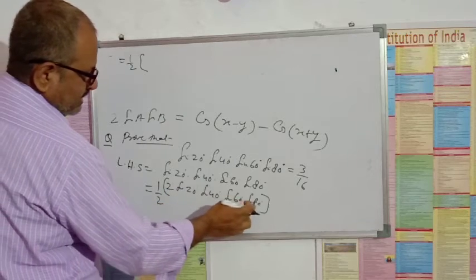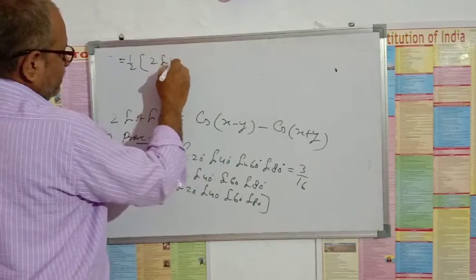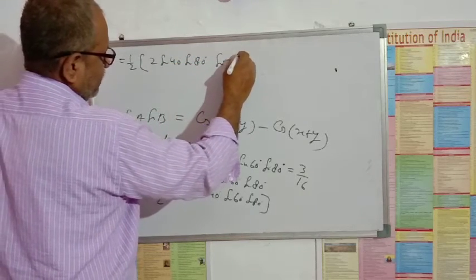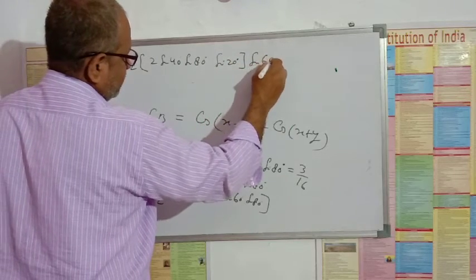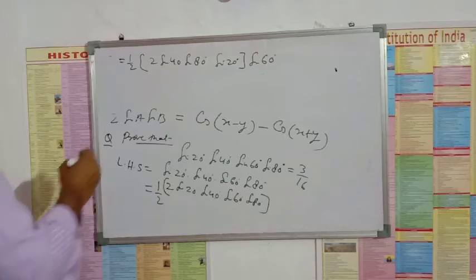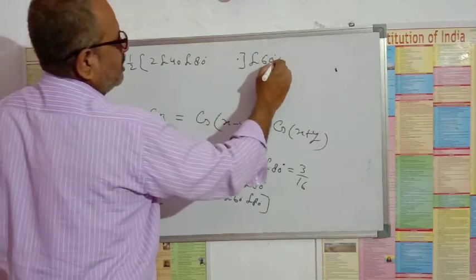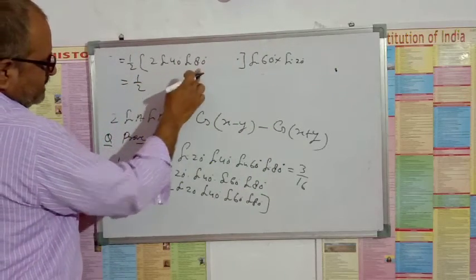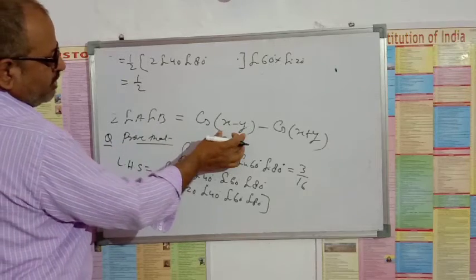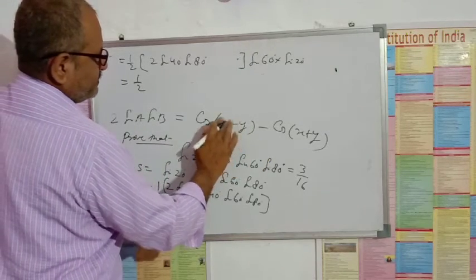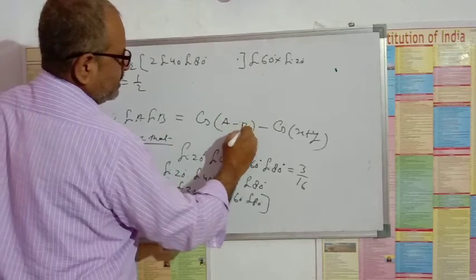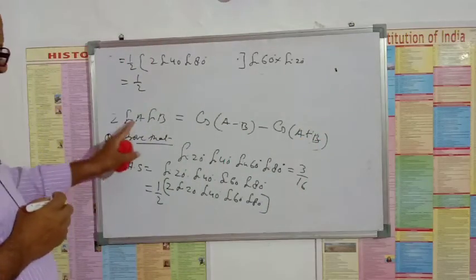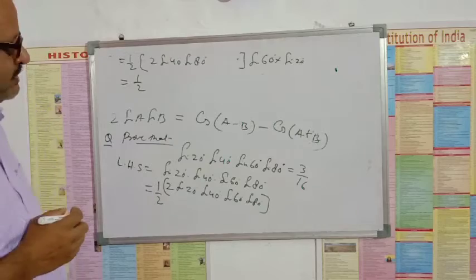Take 2 sin 40 and sin 80 together, and outside we write sin 60 and sin 20. For 2 sin A sin B we write cos(A-B) - cos(A+B).